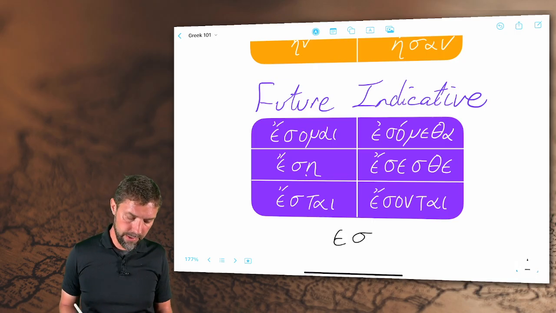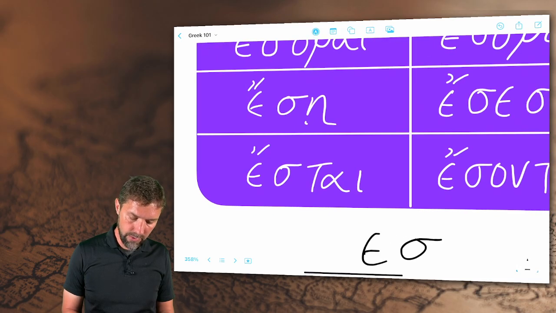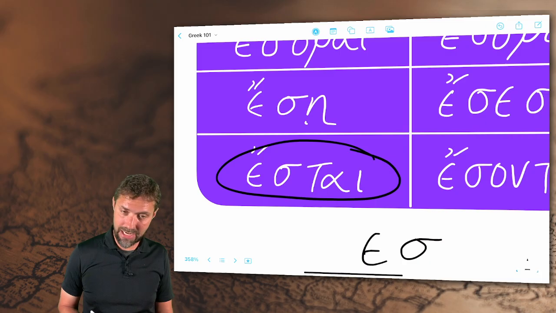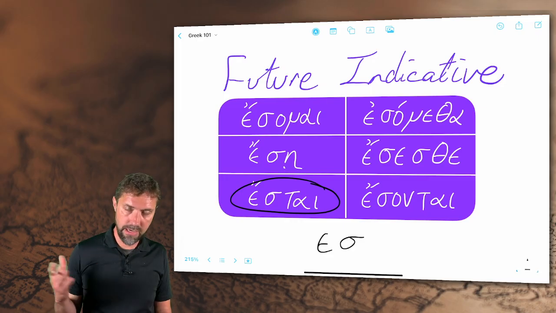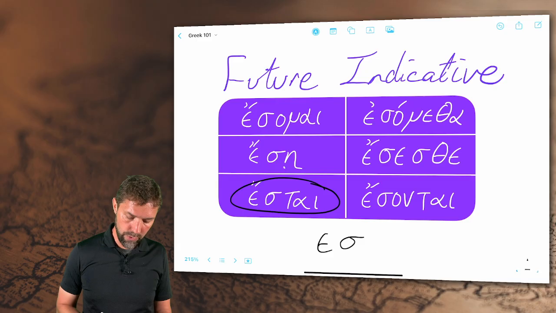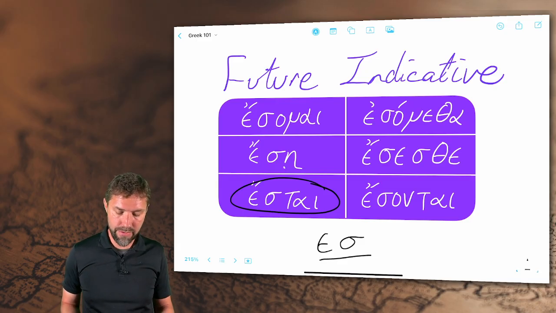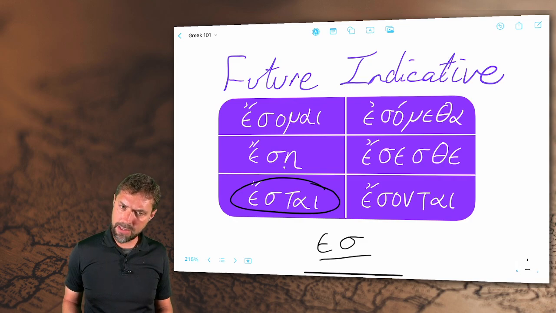Okay, and the exception to that would be right here. What you would expect to be esetai has just gone to estai. Otherwise, I'm just looking at the endings I've already learned previously with the stem s. Okay, and that's my form of the eimi verb for the future. Again, morphologically speaking, the future makes my life a lot easier. I have a lot less trouble to deal with.